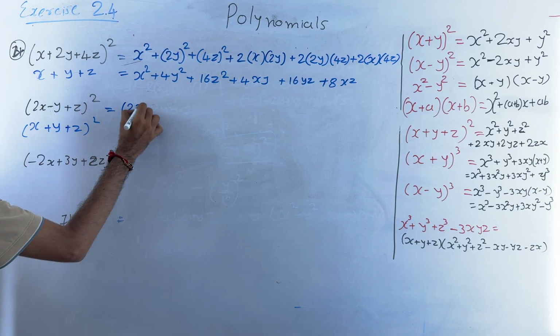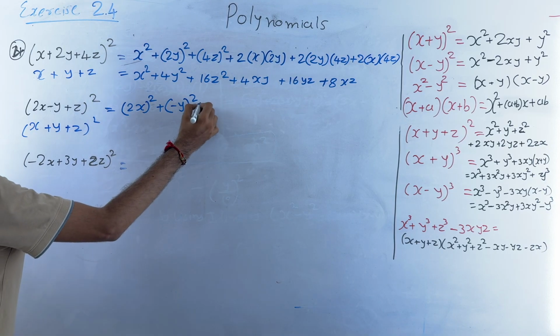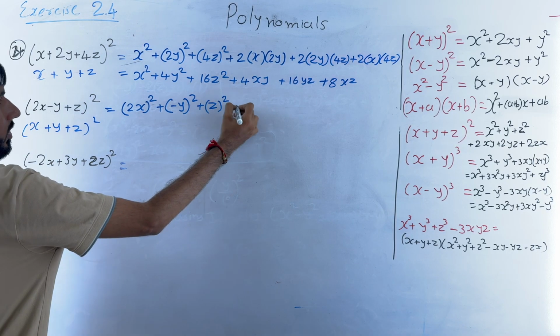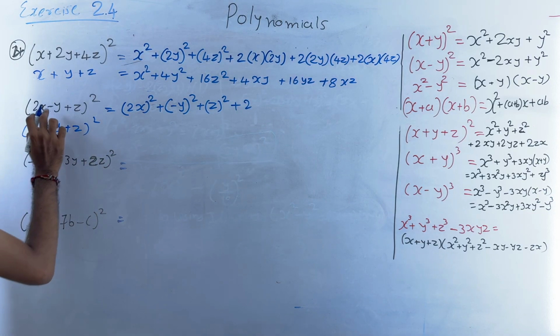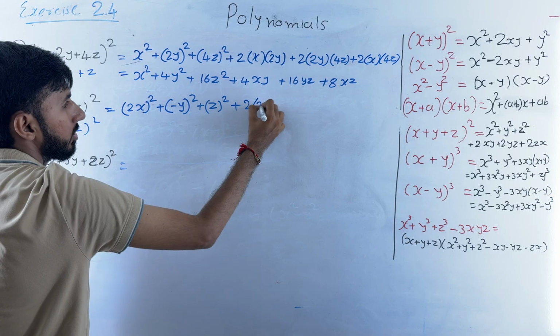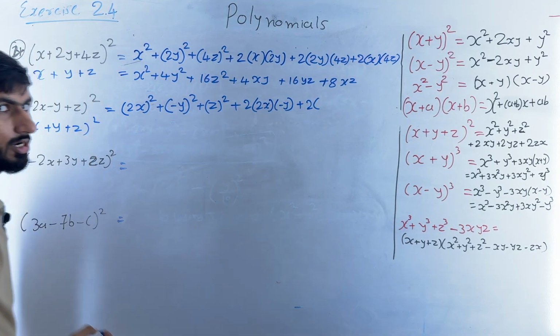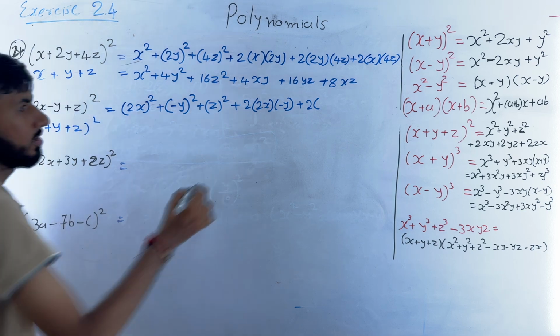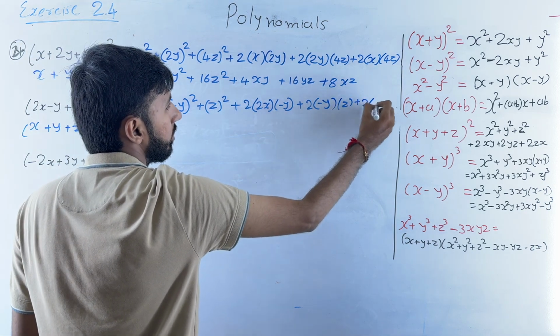Your answer will be 2x whole square plus minus y whole square plus only z whole square plus 2 multiply x into y. X is 2x, y is minus y. So 2 into 2x into minus y plus 2yz. Y is minus y, z is only z. So minus y and z. Then 2.